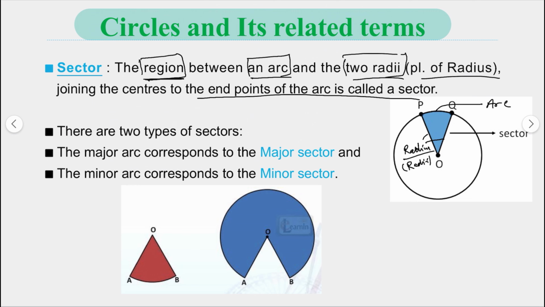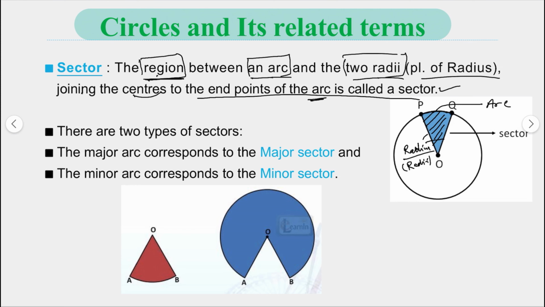Singular is radius, in plural it's called radii, okay. So the region between an arc, which is PQ, and the two radii, which are PO and OQ, is called the sector of the circle, okay. Sector is simply the region between an arc and two radii joining the center to the end points of the arc, it is called the sector, okay.